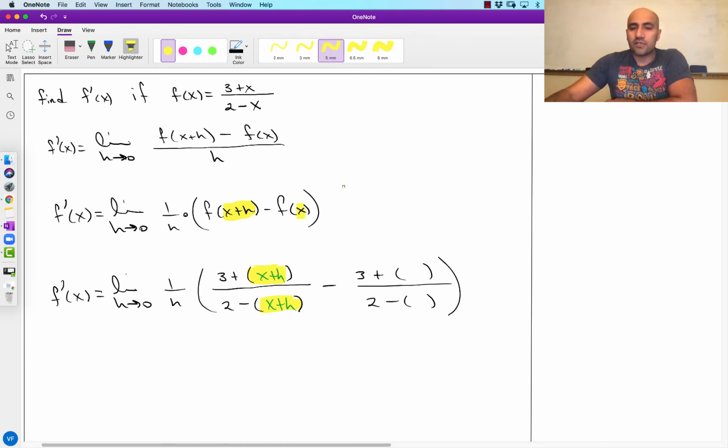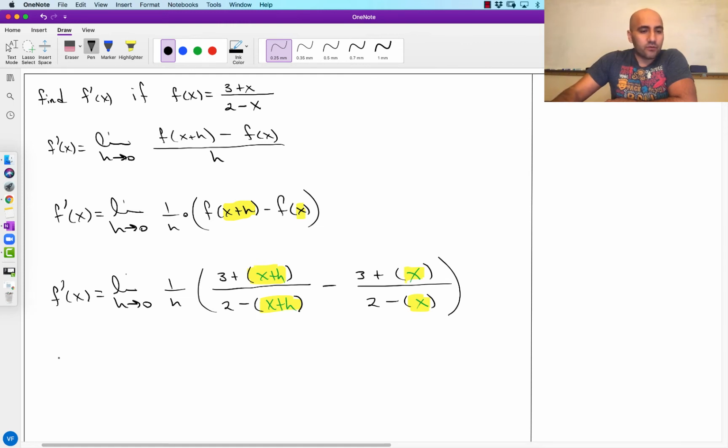Seems a little weird, we're just going to end up copying it. It turns into an x there and an x there. Okay, so that's how we translate that. And now we try and simplify this. There's not much to simplify. Maybe distribute this minus. And that's about it.